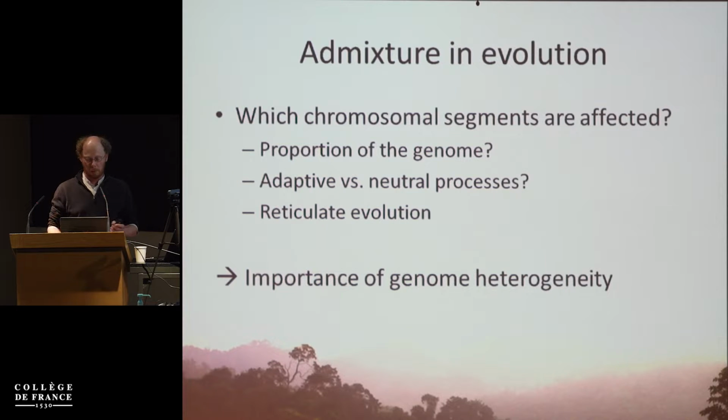So what is the proportion of the genome that is concerned, how do we differentiate adaptive and neutral processes, and how do we switch from a tree-like view of evolution to a more reticulate view of evolution.